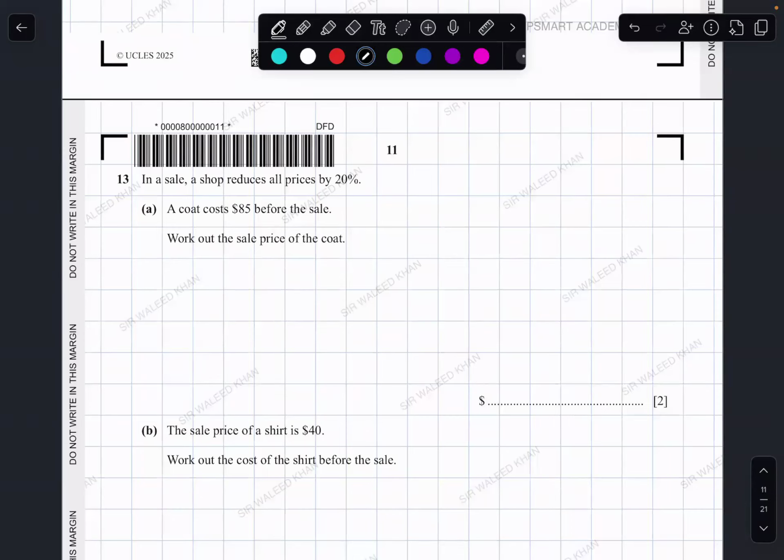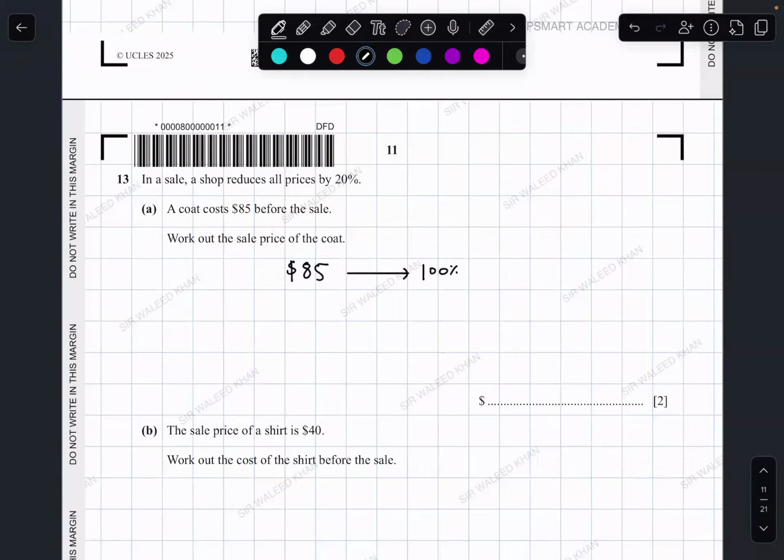Now, in a sale, a shop reduces all prices by 20%. A coat costs $85 before the sale. Work out the sale price of the coat. So $85 before the sale means this will represent 100%. Anything previously, the original value, the amount, the cost, will always represent 100%.